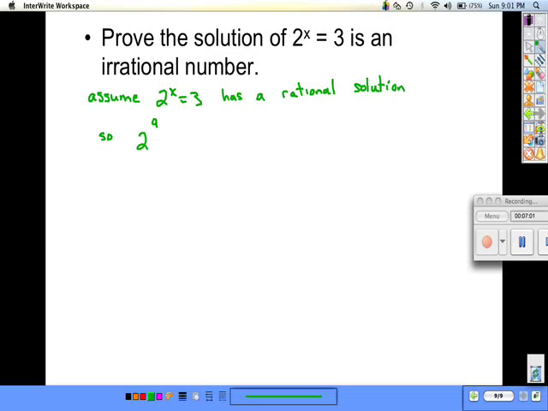So we could write 2 to the a over b equals 3, where a and b are in the set of integers. That's what it means to have a rational solution. It means we can write x as a fraction. And now we can do some manipulation. 2 to the a equals 3 to the b. I'm raising both sides to the b power here.